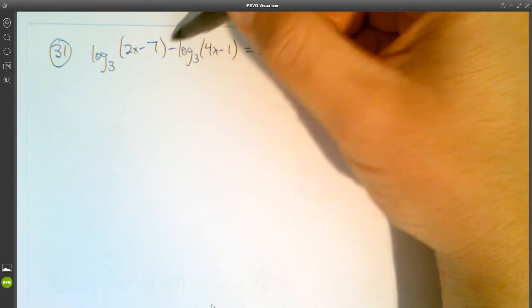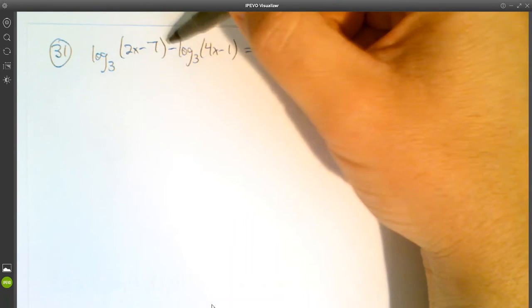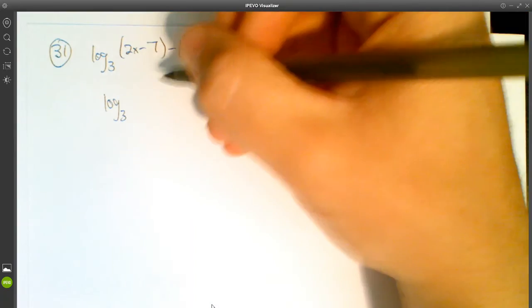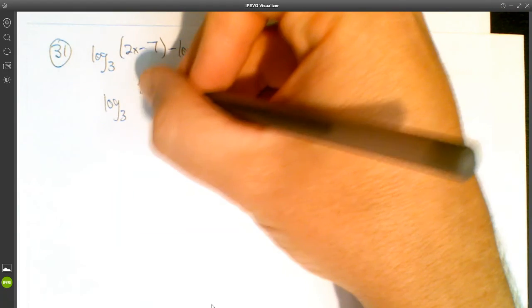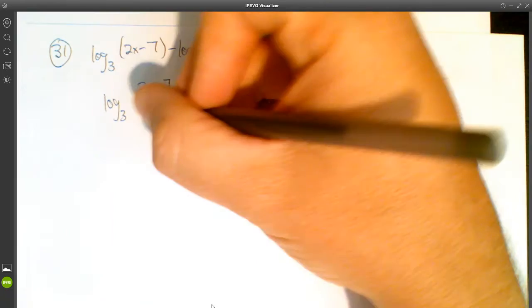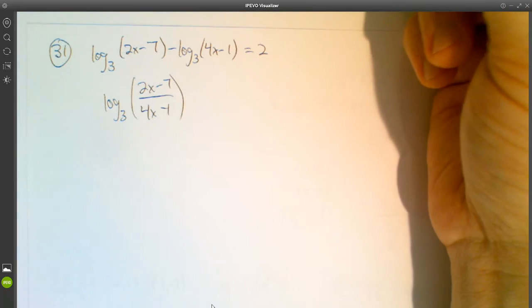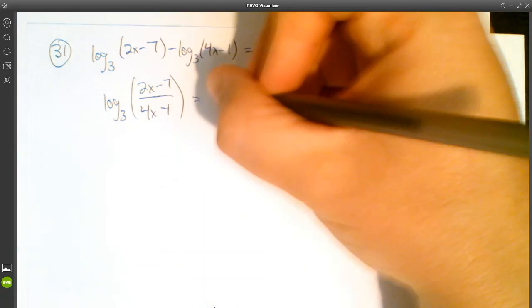And I can do that, right? Log base whatever minus log of that same base is just log of that base of argument divided by argument. This is just the quotient rule. We would say this is 2x minus 7 over 4x minus 1. So it's log base 3 of 2x minus 7 over 4x minus 1 equals 2.